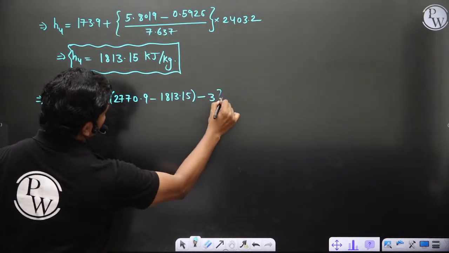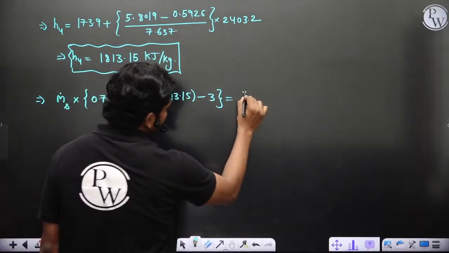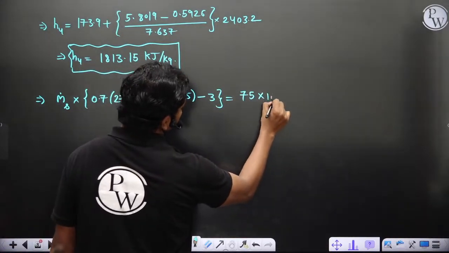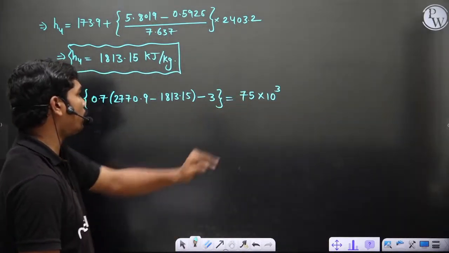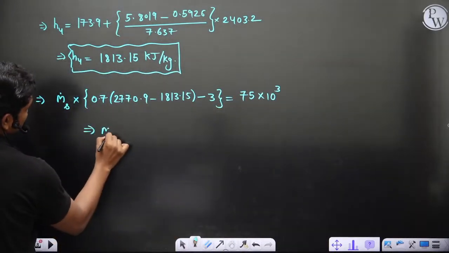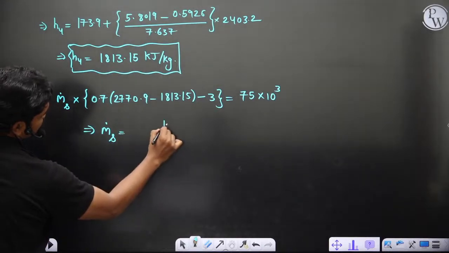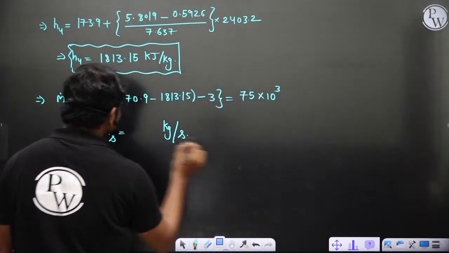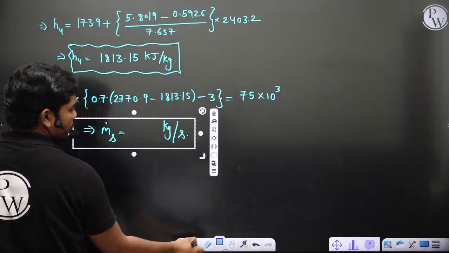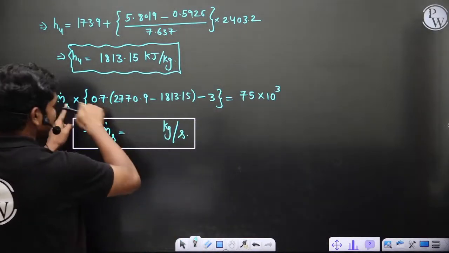You can use this also, is equal to 75 into 10 cube kilowatts. Now this is in kilojoule per kg, so this has to be in kilowatts. Now if you simplify this, you will get M dot S in kgs per second, because the units are set accordingly. So whatever the answer you get, you are going to get in kgs per second.